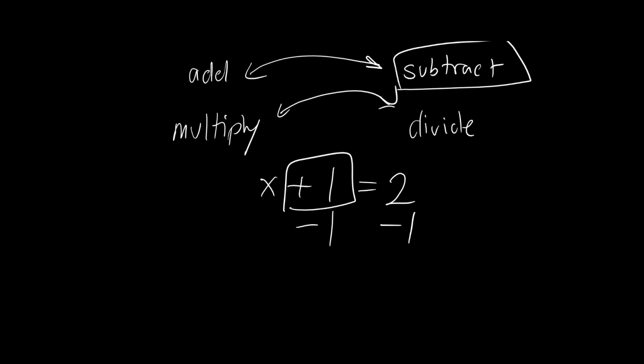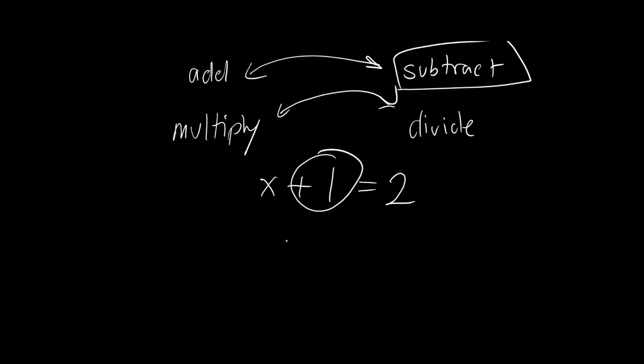All right, so what else can we do with this? Well, you might actually be asking, why did we subtract 1? The purpose of what we just did was to get x by itself on one side of the equal sign.